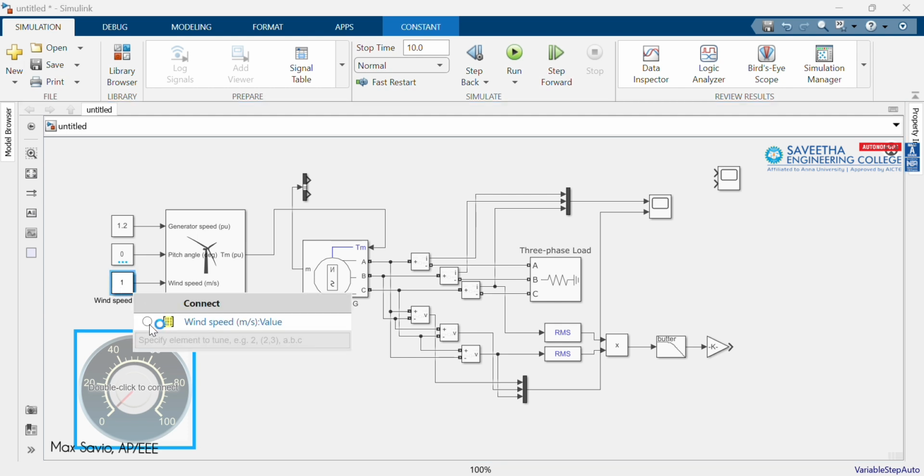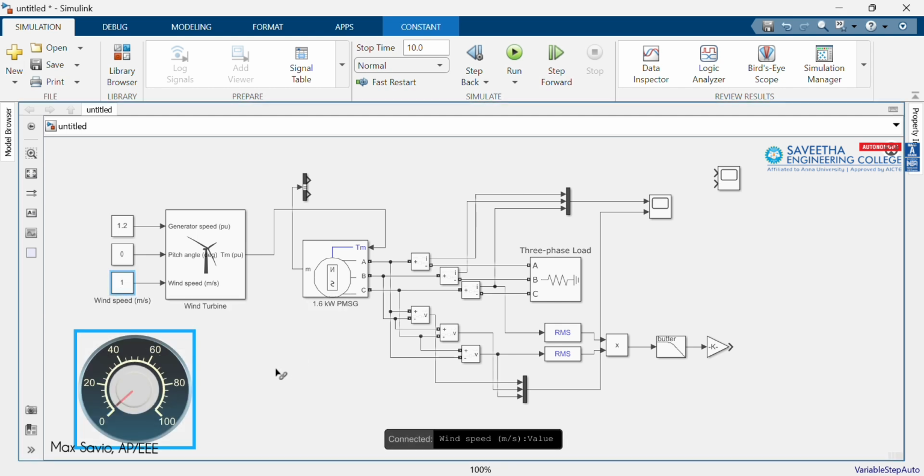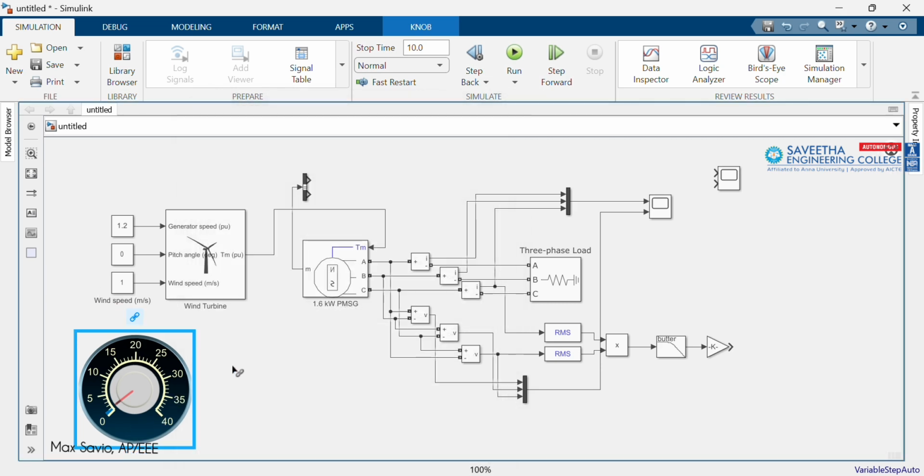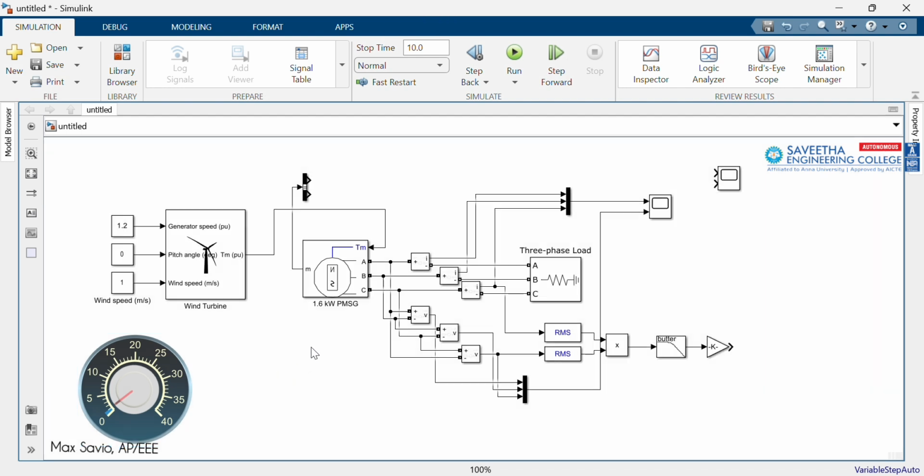So now the wind speed value would change based on this. I'll keep the value from 0 to a maximum of 40, and let's have 5 as the duration. Now this is connected. So whenever you change the input here, the wind speed changes, so that we can have a dynamic environment of simulation.